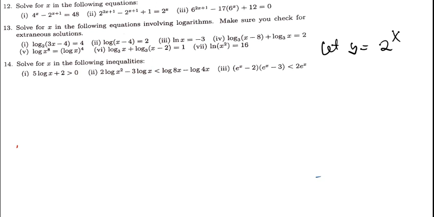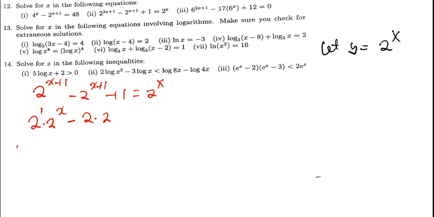So the next one is 2 raised to the power x plus 1 minus 2 raised to the power x plus 1, then plus 1 is equal to 2 to the power x. What does it mean? If there is plus, it means 2 raised to the power 1 times 2 raised to the power x, the same as this one. Then again 2 raised to the power 1 and 2 raised to the power x plus 1 is equal to 2 to the power x.